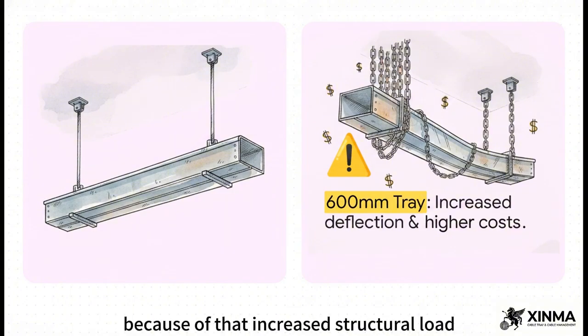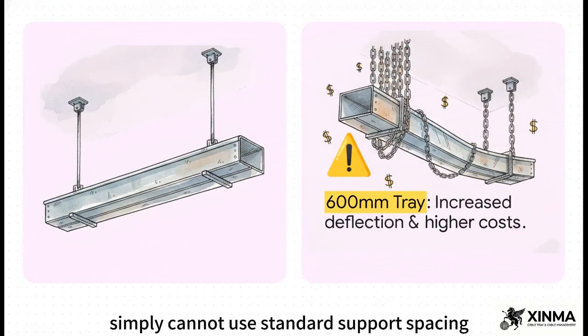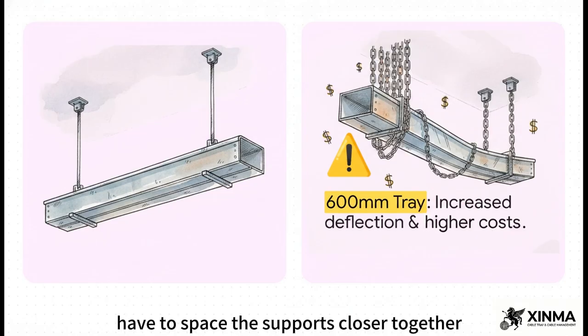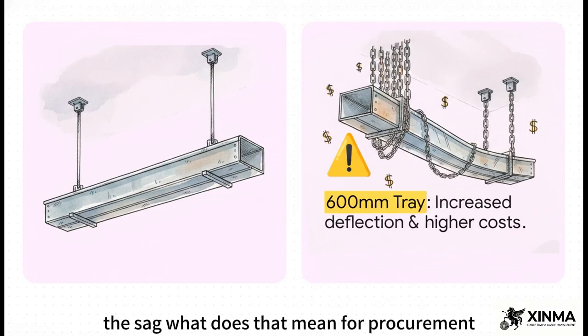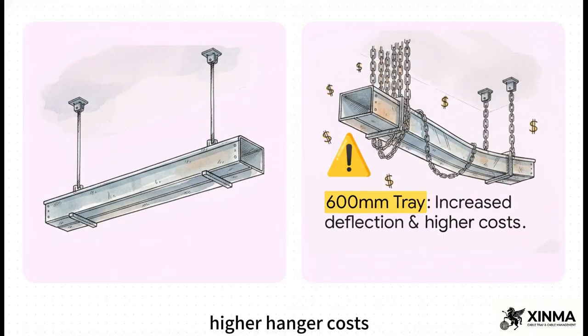Because of that increased structural load, your installation team simply cannot use standard support spacing. They literally have to space the supports closer together just to handle the sag. What does that mean for procurement? Higher hanger costs. You're buying more hardware, paying for extra labor to install it, and burning through your budget just to hold up a tray that, frankly, might not have even needed to be that wide in the first place.